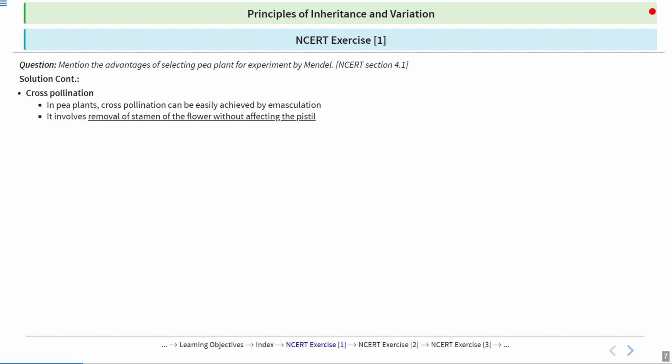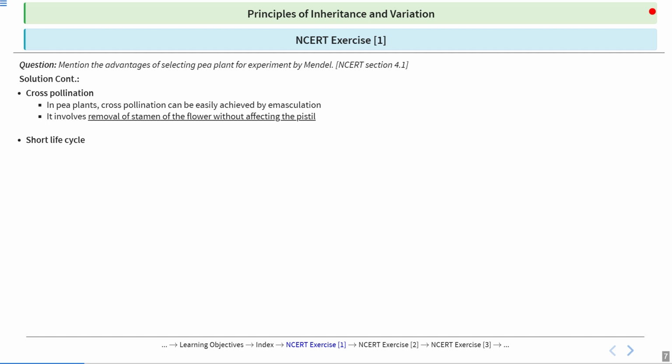Emasculation means removal of the stamens of the flower without affecting the pistil. So it was very easy to carry out cross-pollination in pea plants. And why is emasculation done? To prevent self-pollination. Mendel wanted to carry out cross-pollination, that's why he emasculated the flowers.